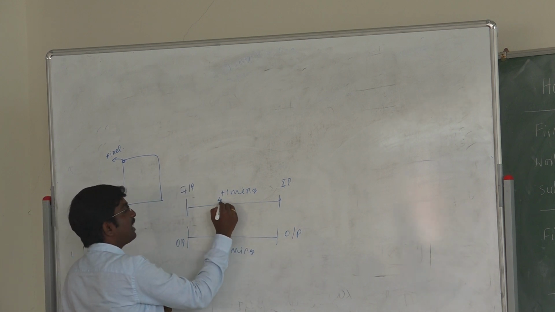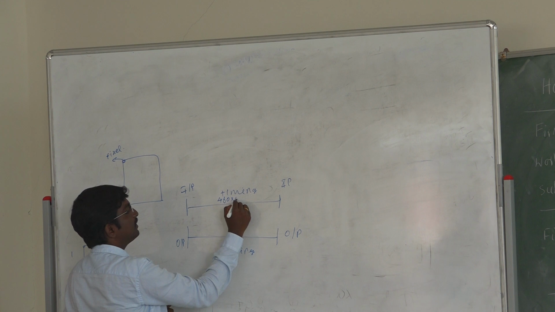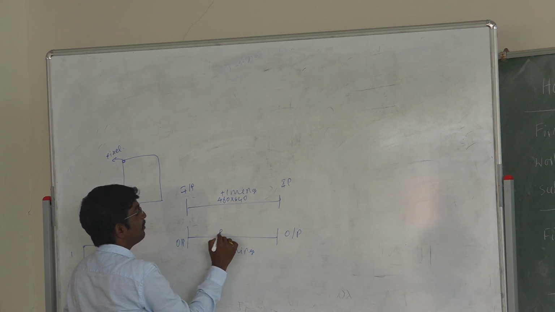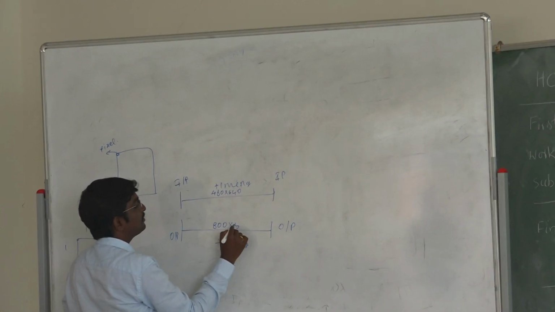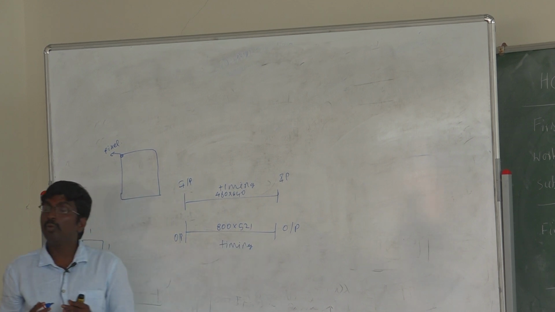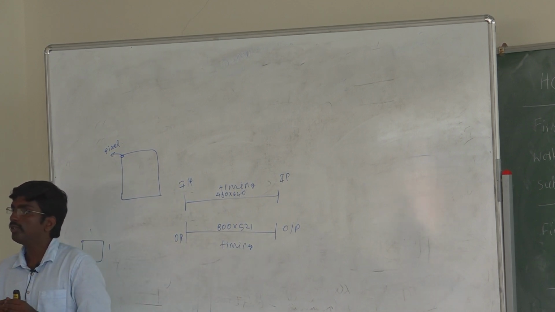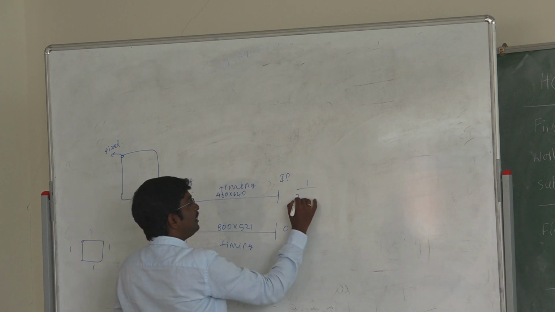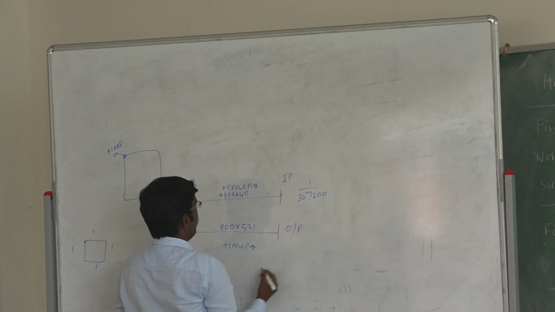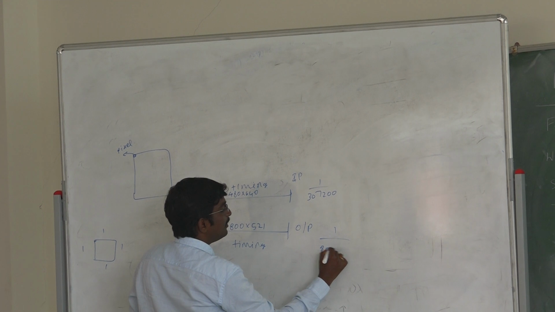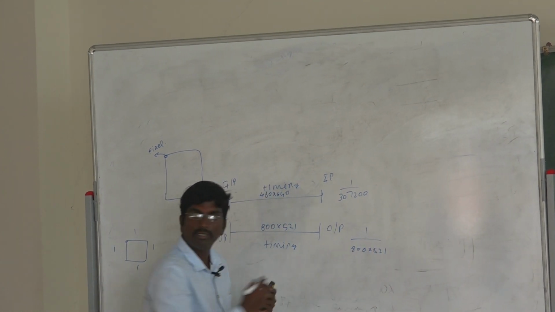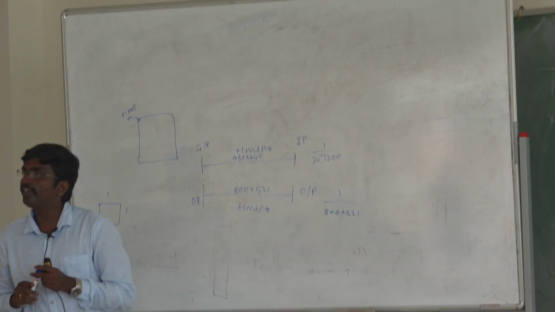Here the number of clock cycles is 480 x 640, but here the number of clock cycles is 800 x 521. So what will be the frequency? This will be 1 divided by 30. Get the number. So these are two different frequencies.